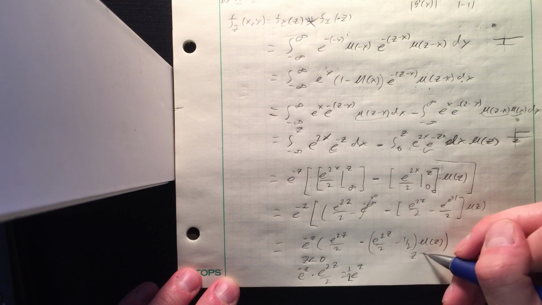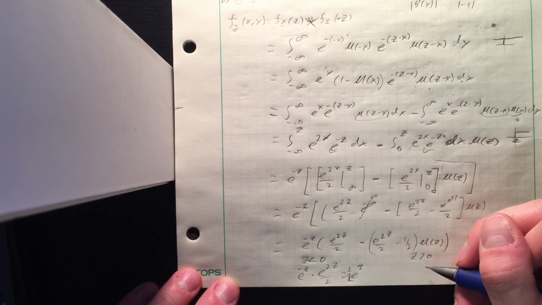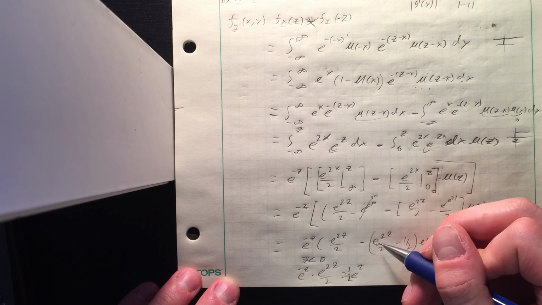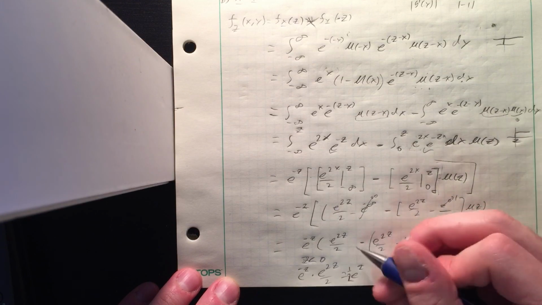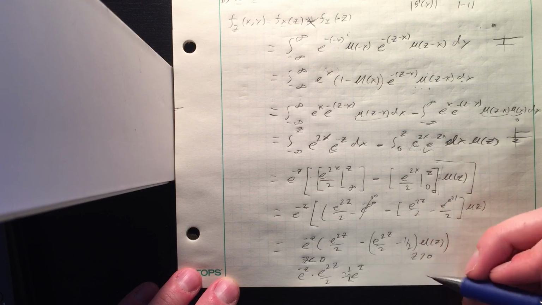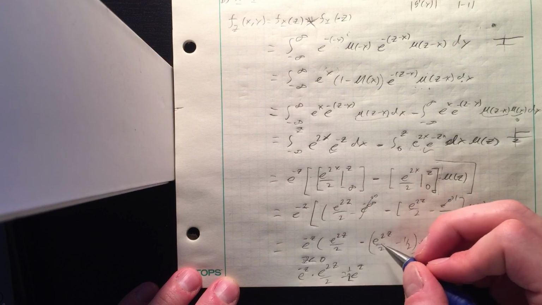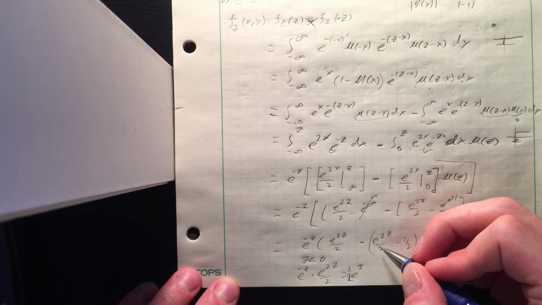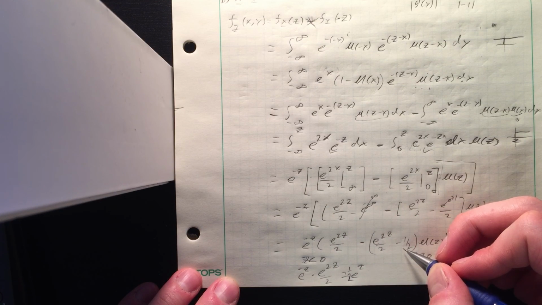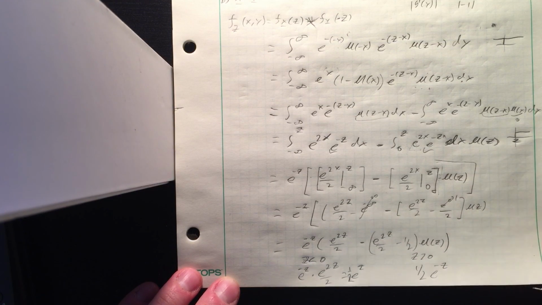And when z is greater than 0, that function will be triggered, and you subtract this function from that, and these will cancel, and there'll be a positive 1/2. So it's going to be 1/2 e to the negative z when z is greater than 0.